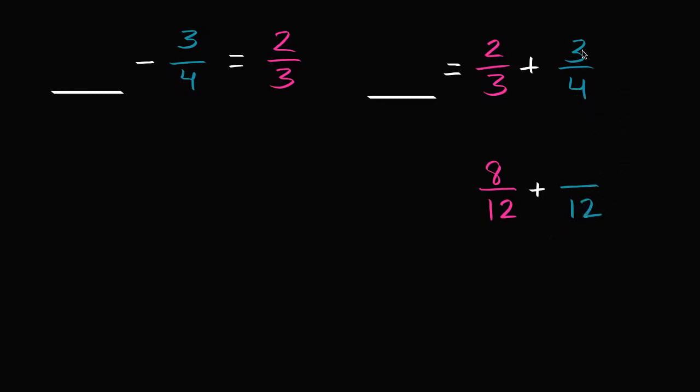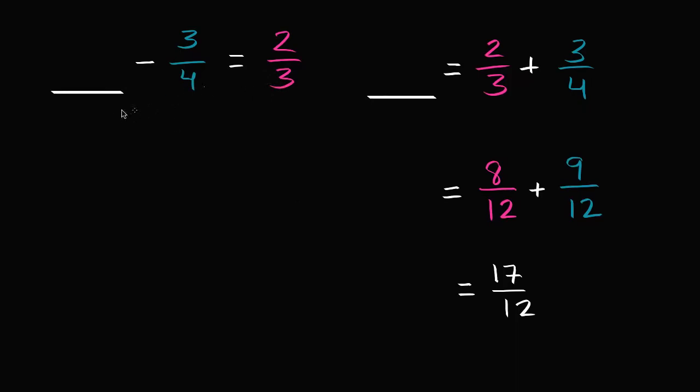So you have to multiply the numerator by 3 as well. 3 times 3 is 9. So it's equal to 8/12 plus 9/12, which is 8 plus 9 is 17, 17/12. So we get 17/12 minus 3/4 is equal to 2/3.